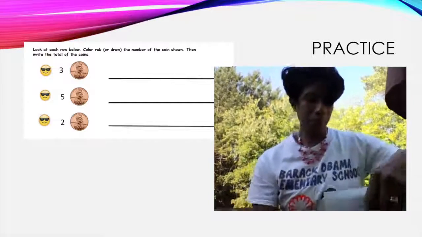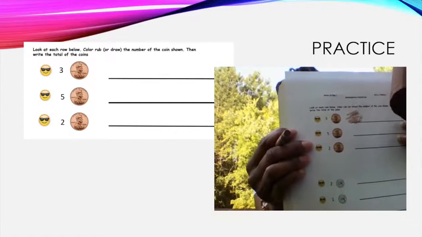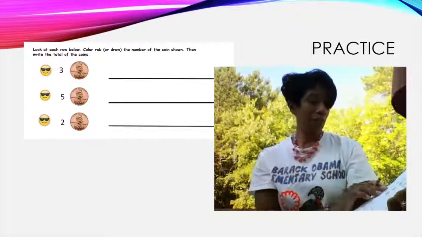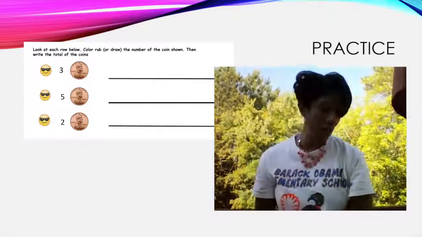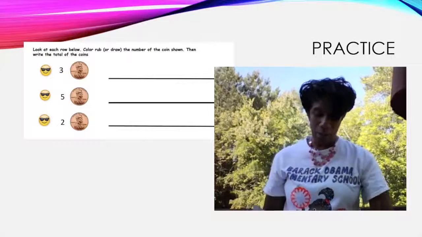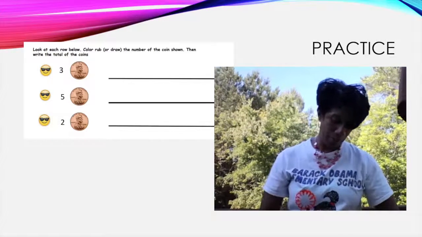So I did my first one. How many pennies do I need to color rub? 3. How many have I done so far? That's right, only 1. So I'm going to do 3 color rubs.